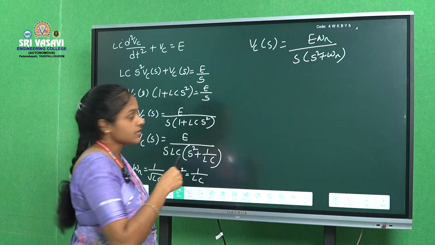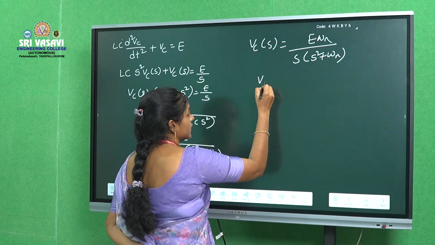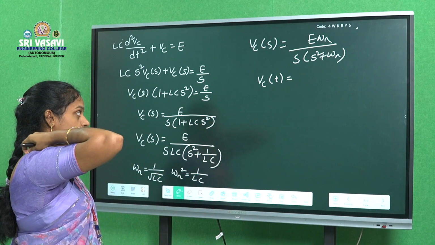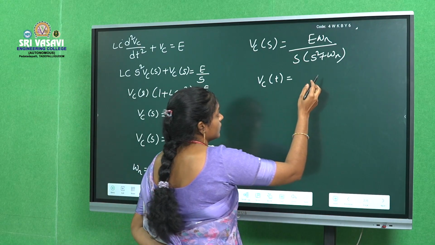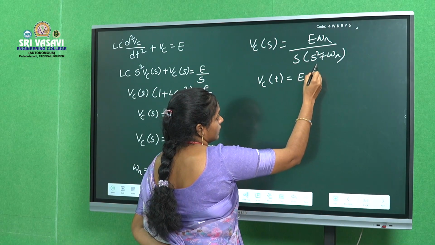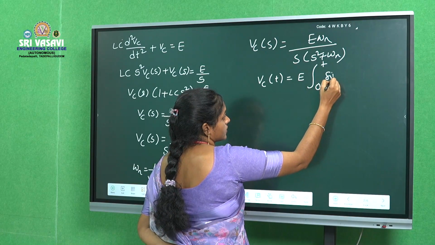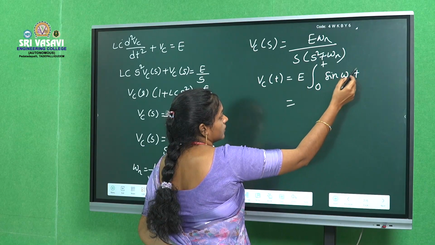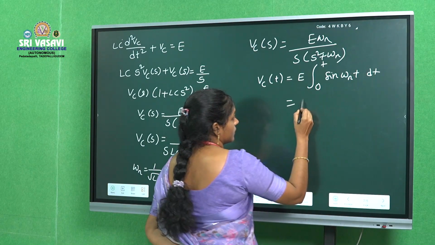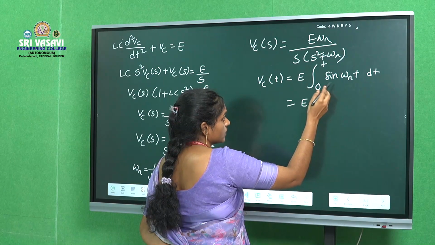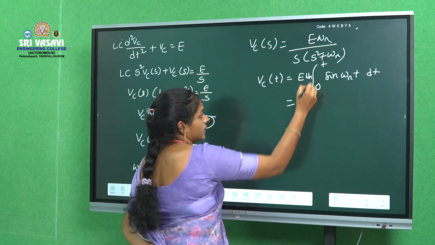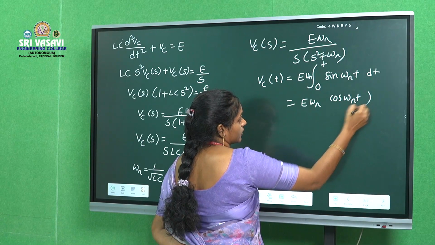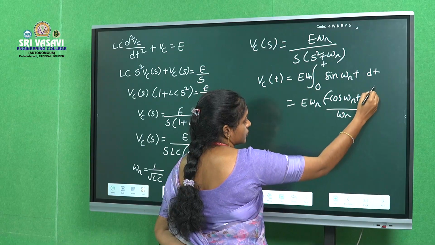Then we can apply the inverse Laplace transform to Vc of S. Then Vc of t equals E integral 0 to t sin omega n t dt, since omega n by S square plus omega n square is the transform of sin omega n t. Integrating, sin omega n t gives minus cos omega n t by omega n, with 0 to t limits.